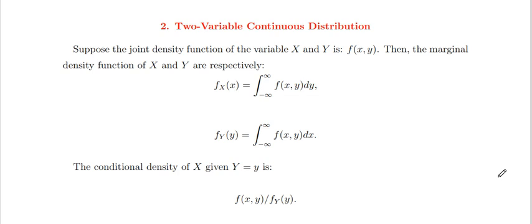Okay, so now let's check the conditional distribution for a two-variable continuous distribution. We use the same notation, but the difference is that in a discrete distribution we add them up with summation, while in the continuous situation it becomes integration.